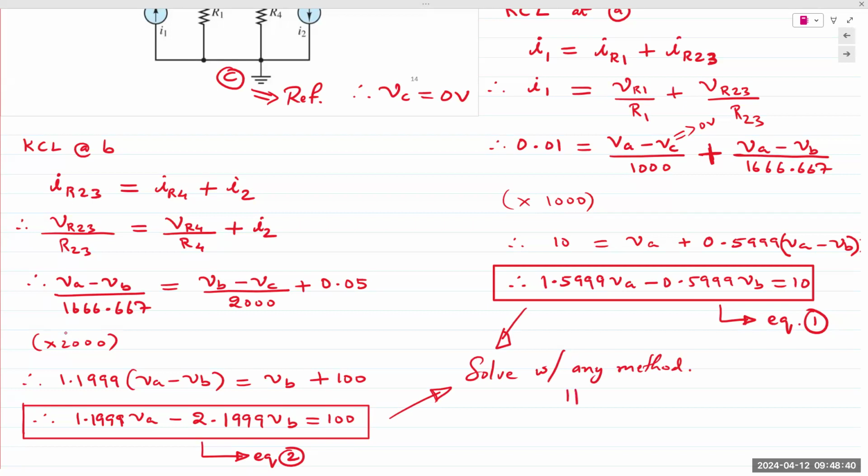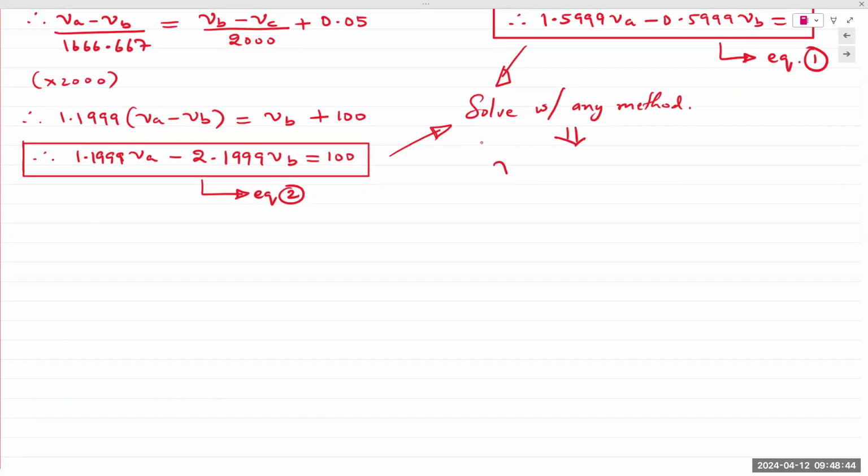Then I would obtain VA as minus 13.569 volts and VB as minus 52.857 volts.